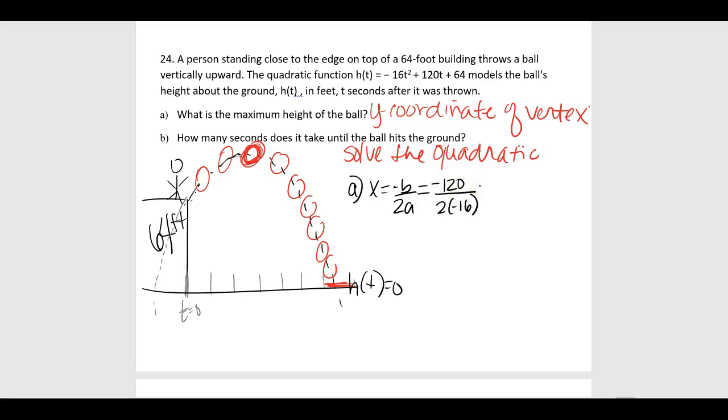So that's going to give us negative 120 divided by 2 times negative 16. It's going to equal 3.75.